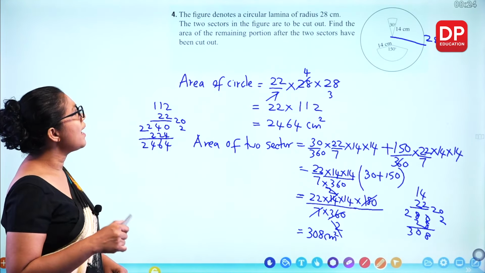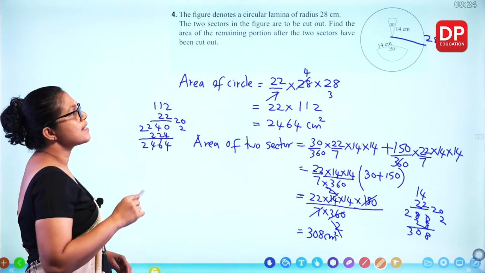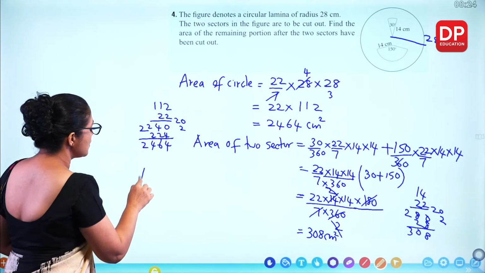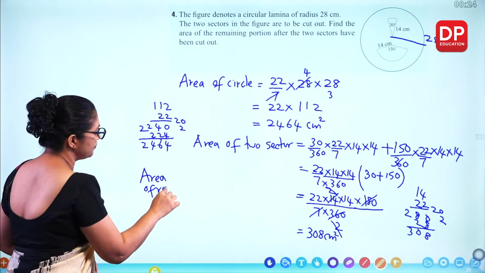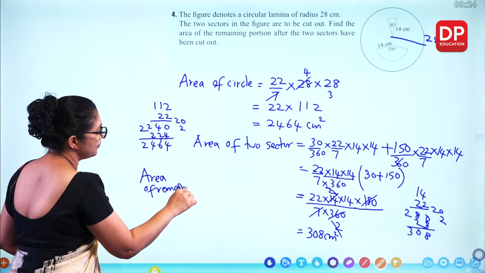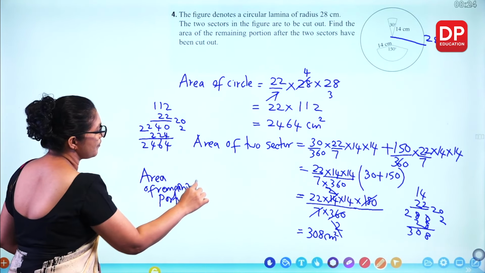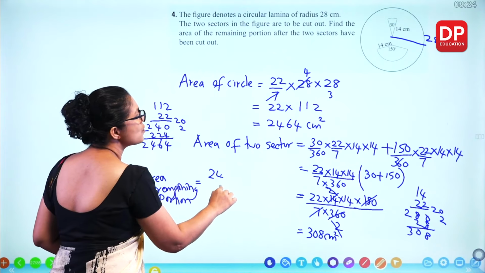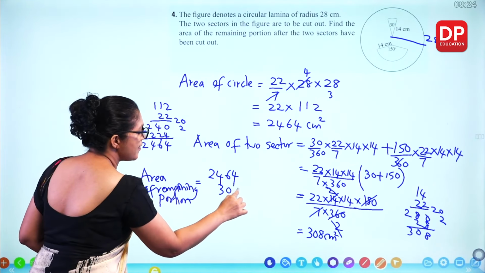Now we want to find out the remaining portion. When you cut those 2 sectors, what's the remaining portion? So what's the final part? So area of the remaining portion, you can find out: area of the full circle is 2464, area of 2 sectors 308.